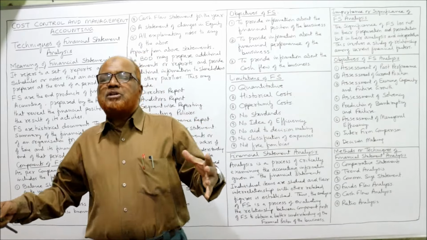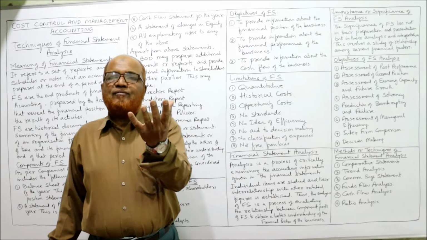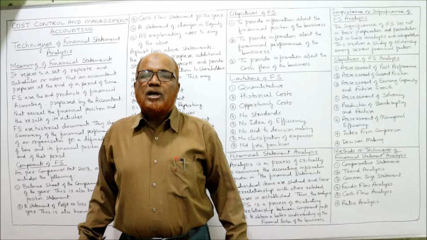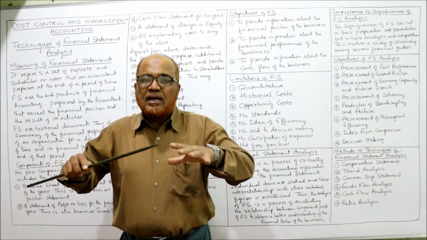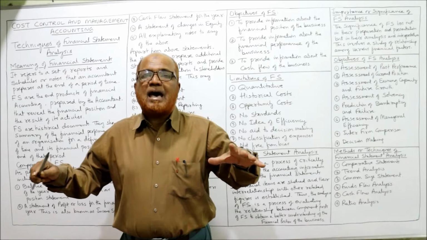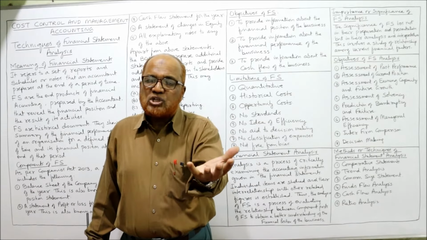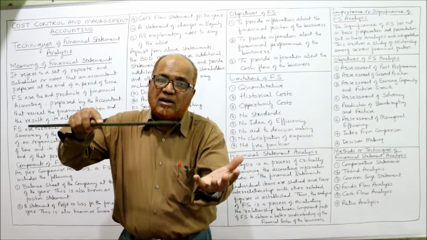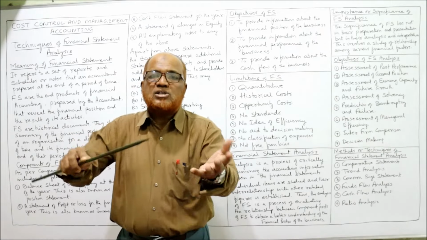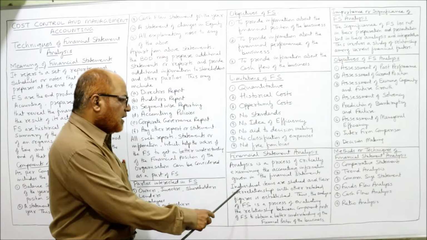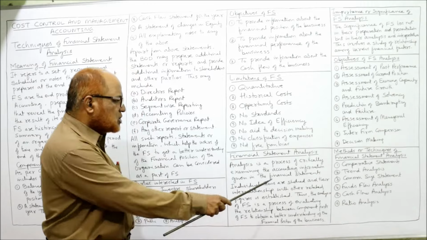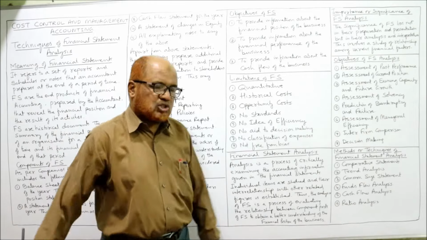The financial statements consist of financial information. So analyzing or critically examining the financial information given in the financial statements, that is called analysis. Now, individual items are studied and the relationship with other items is established.